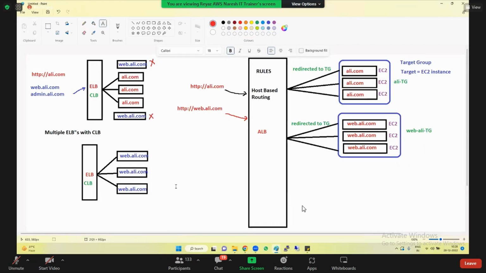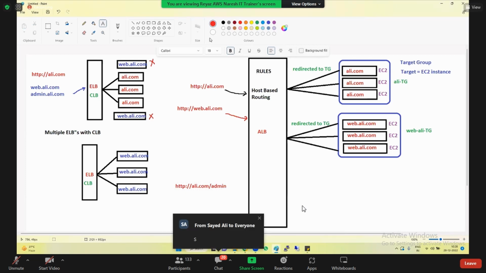And now, it's important. You might have some application like this also: ali.com with a separate module called, let's say, admin. Instead of a separate domain, you have some path at the end, which contains a different application. Yes, developers will have it like this also, no? For this, you can use something called path-based routing.